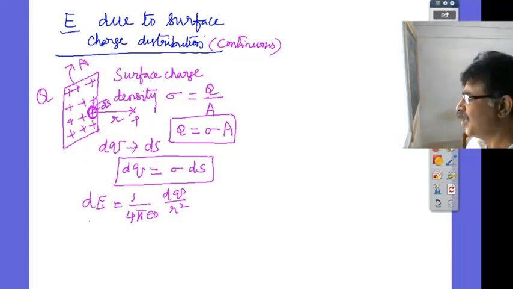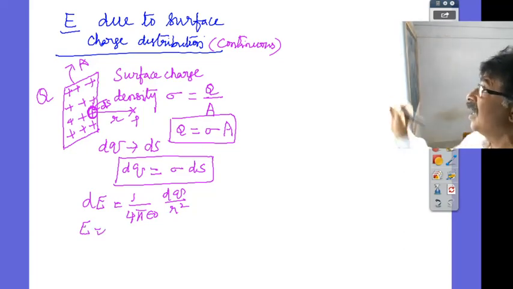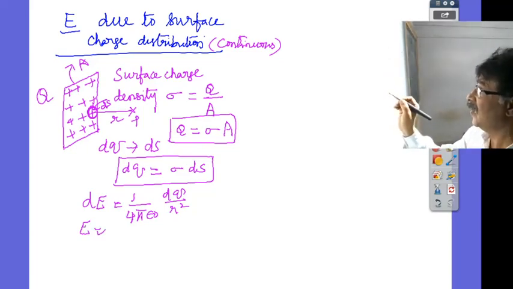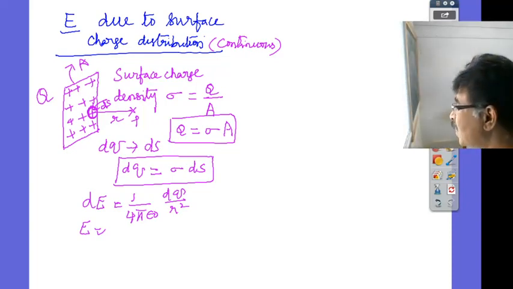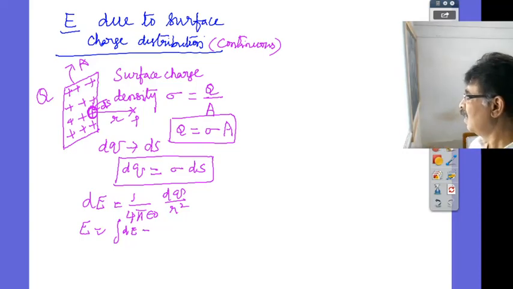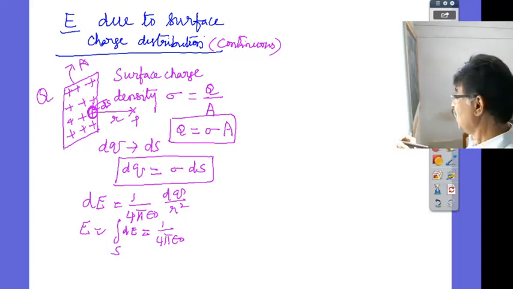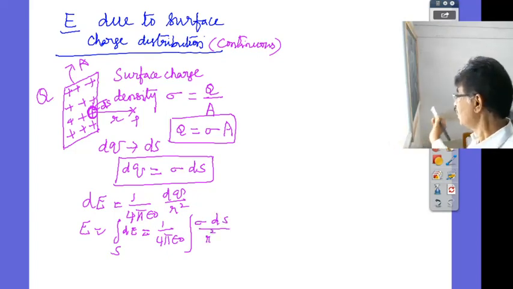Now to find the total field because of the entire surface where you have a continuous distribution of charge, again the same technique, integrate dE, right? Integrating dE over the surface gives you the integral of sigma dS by r square.